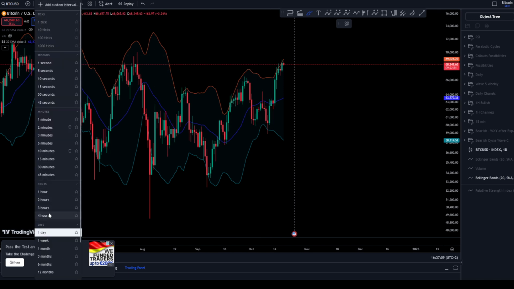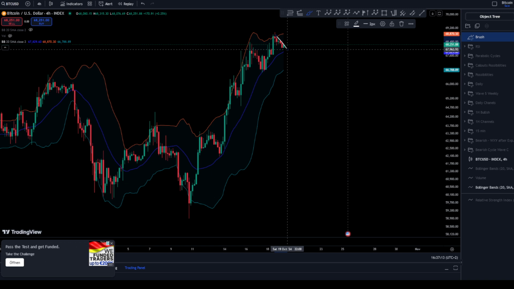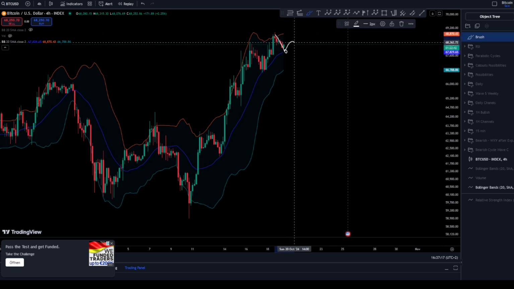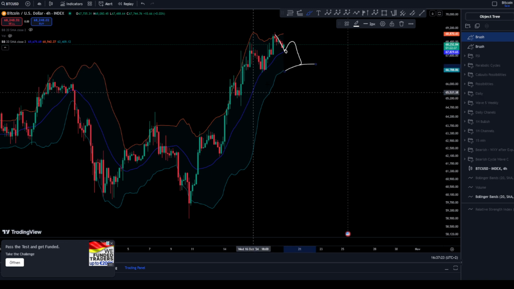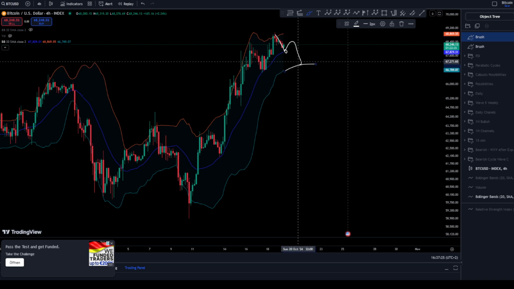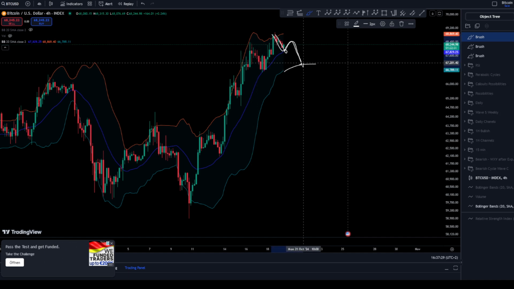On the 4-hour chart, let's take a look as well. Of course, we have started already to retrace from the upper line, and we might meet this as a support. We might also dive deeper a little bit here, and then it might start to unfold something.